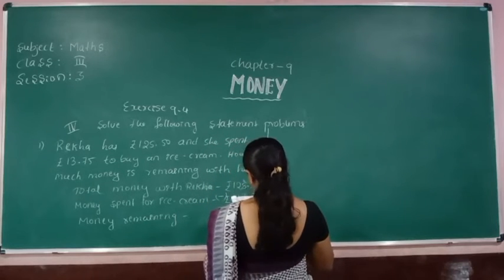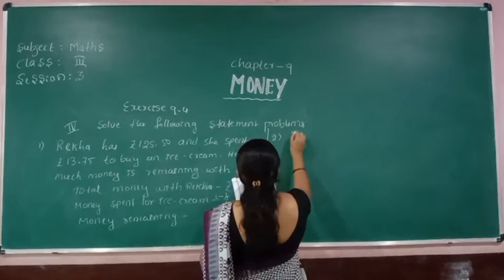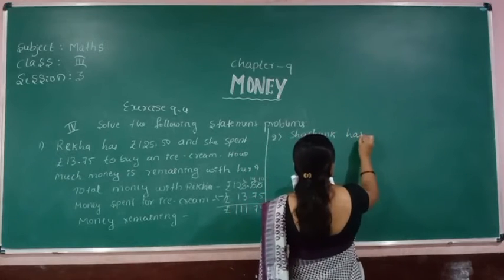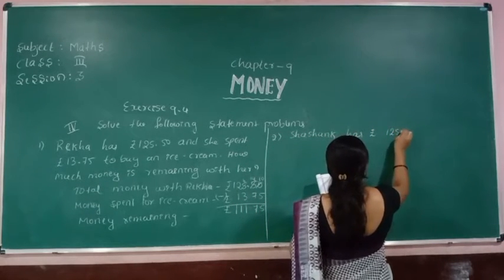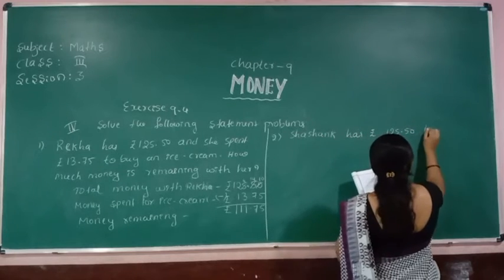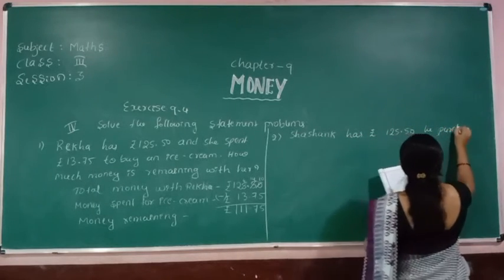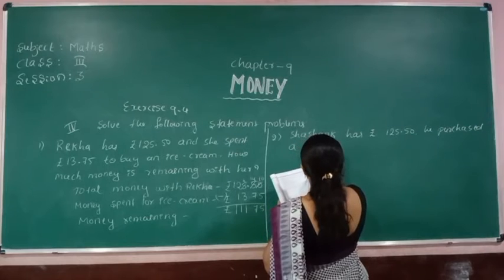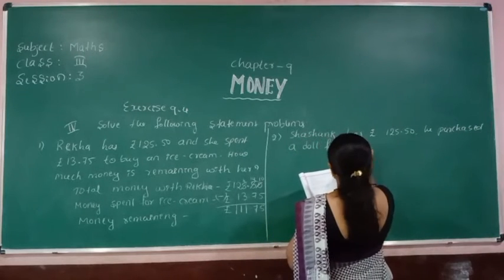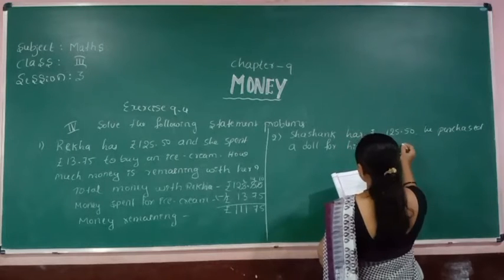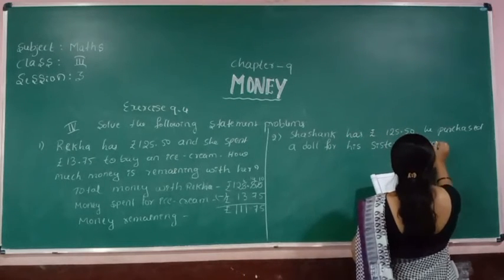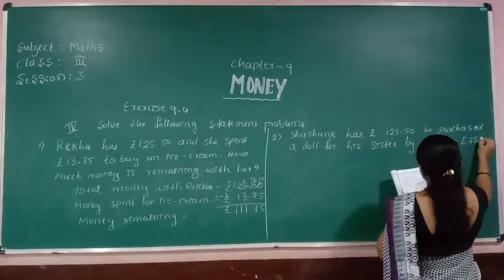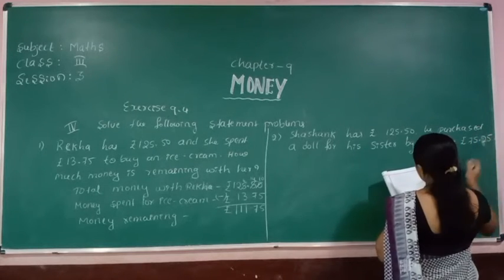That is second one. Shashank has rupees 125 50 paise, and he purchased a doll for his sister by paying rupees 75 25 paise.